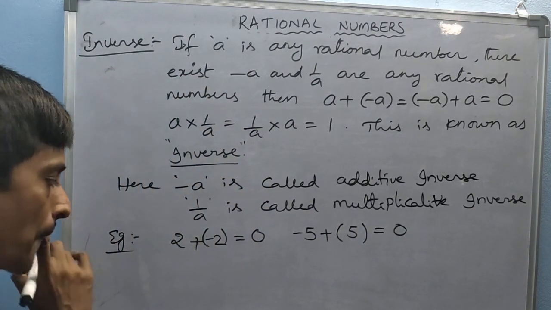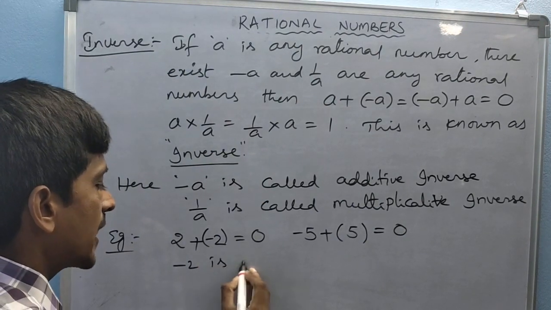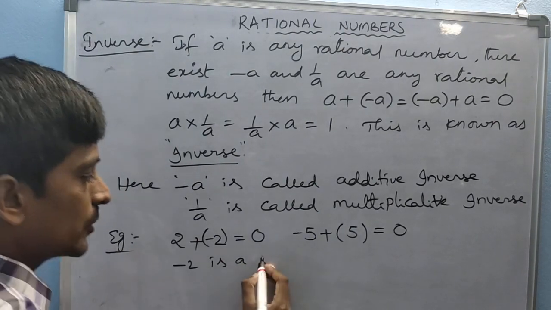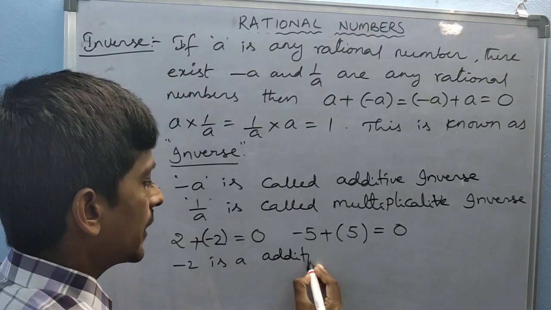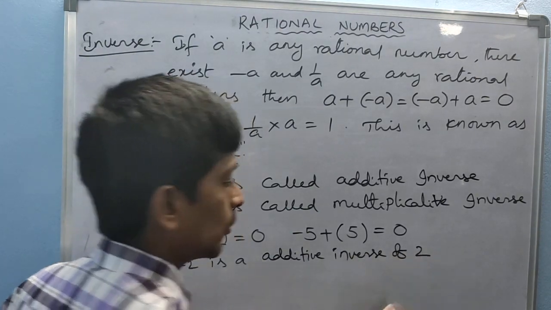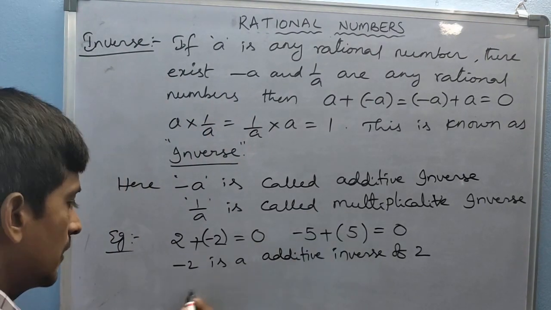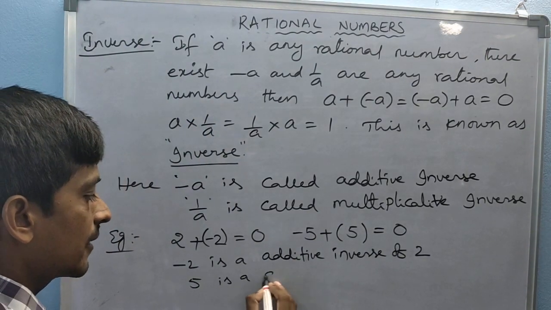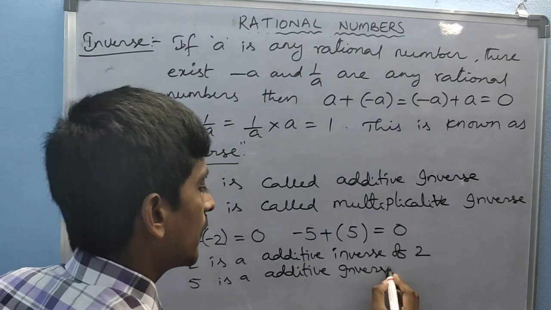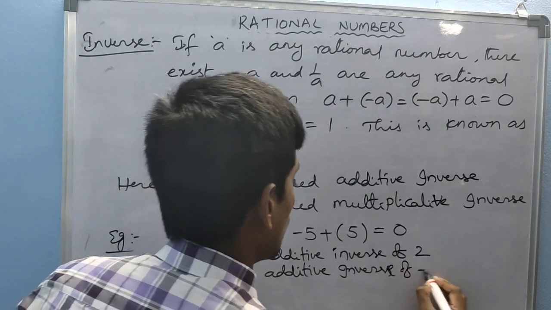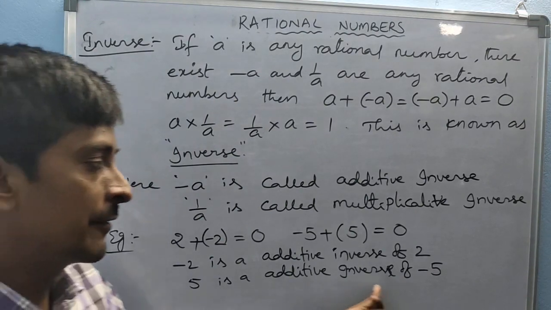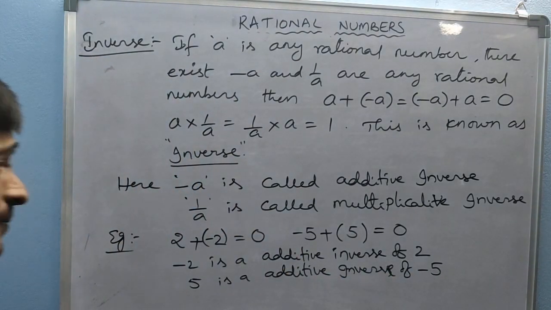So, minus 2 is the additive inverse of 2. 5 is the additive inverse of minus 5.